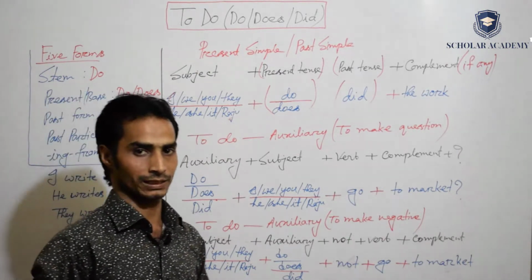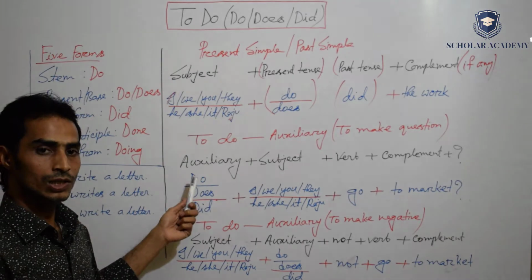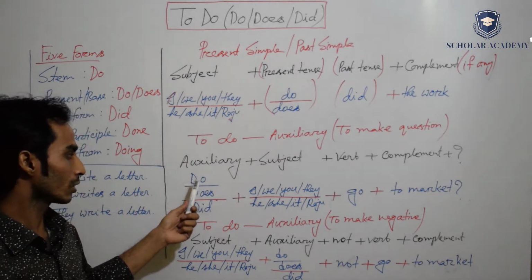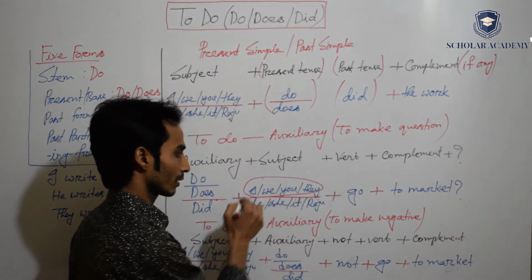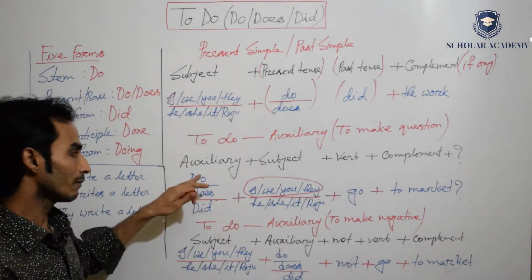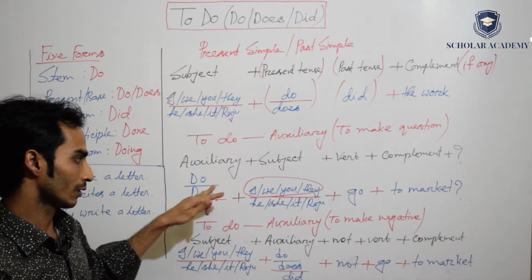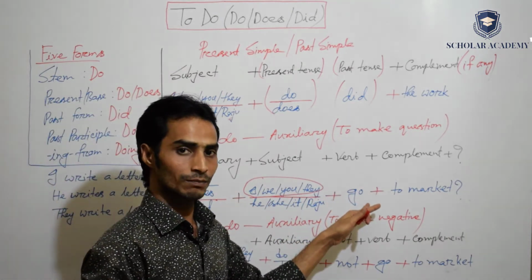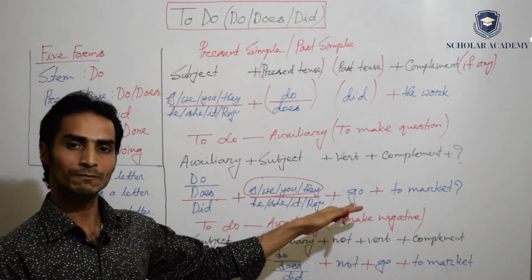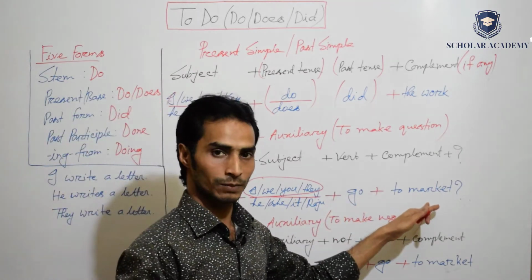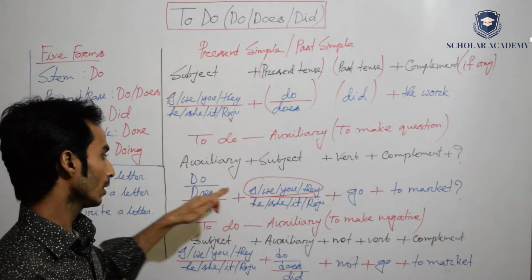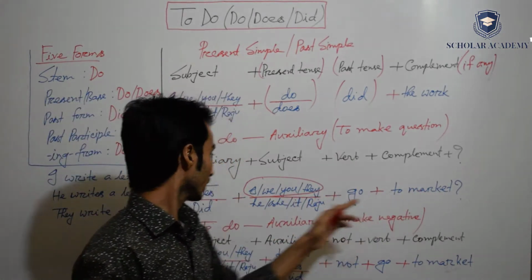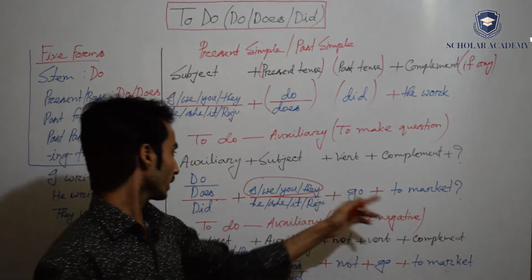In the simple present tense, if we use do, we will have to use these subjects before the verb. The verb would be the base form, then complement if any. So the examples will be: do I go to market? Do we go to market?